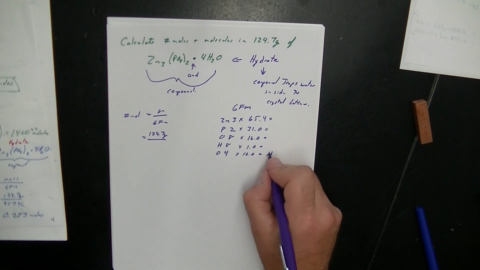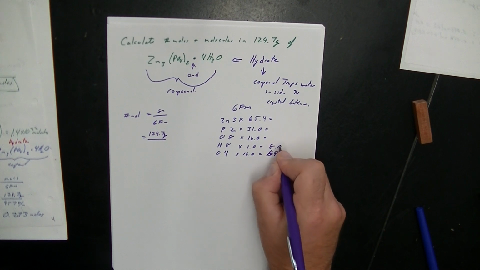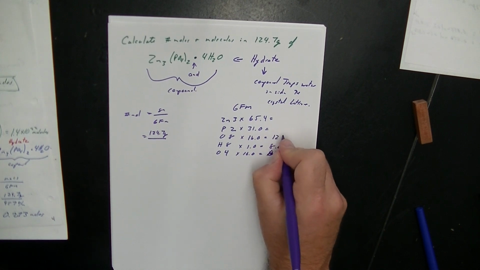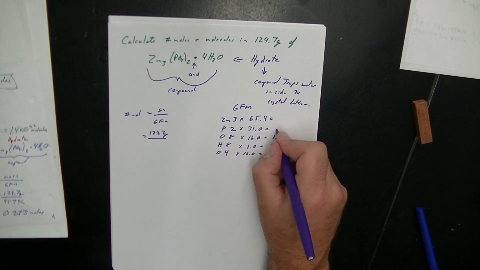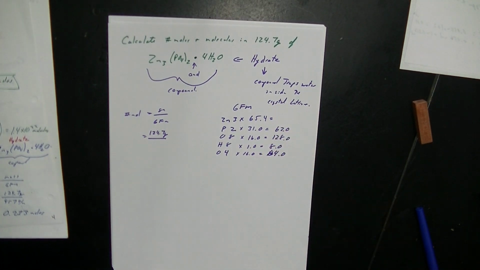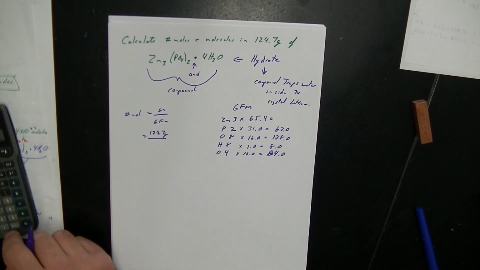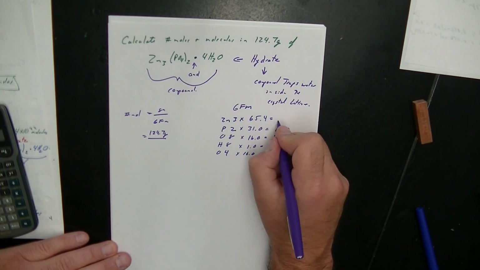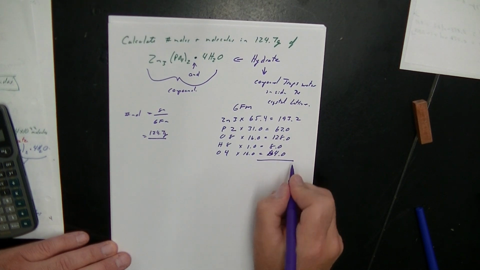So this will be 64.0, 8.0, 128.0, phosphorus would be 62.0, and then 65.4 times 3 is 193.2. We have to add that all up.